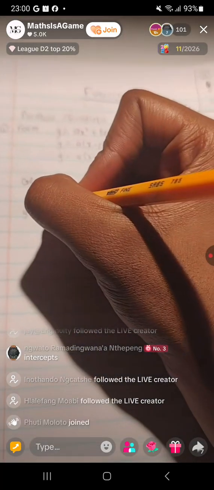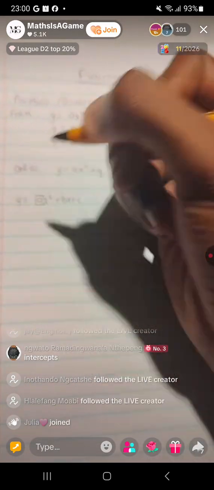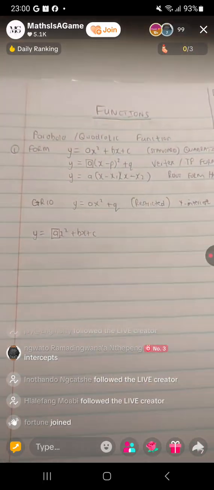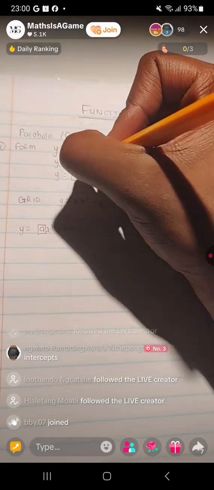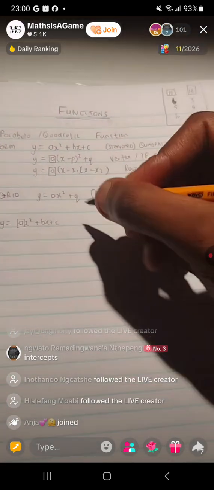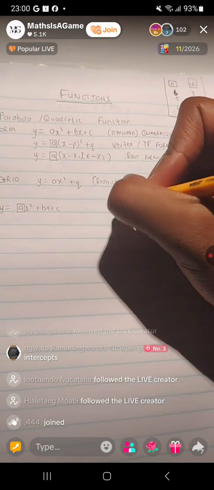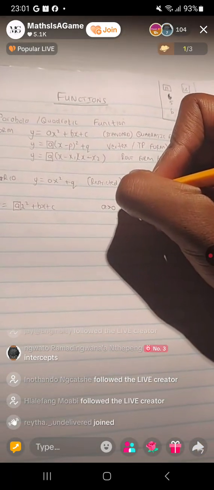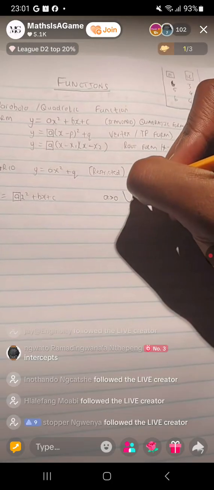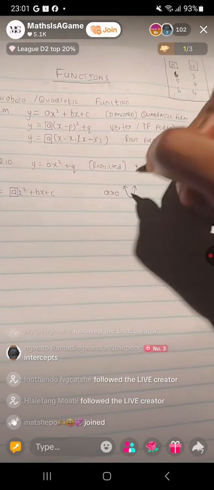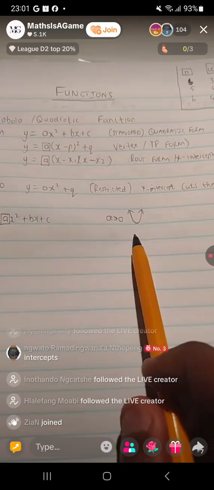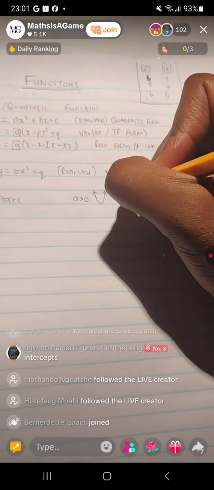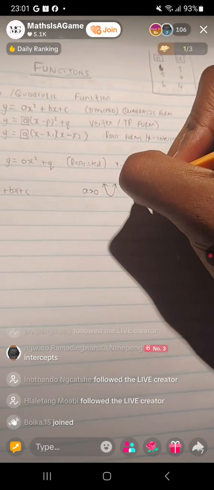Just a few things about a, just like a there and a there. When a is greater than 0, we witnessed that our parabola, which is a curve, is going to be concave up.